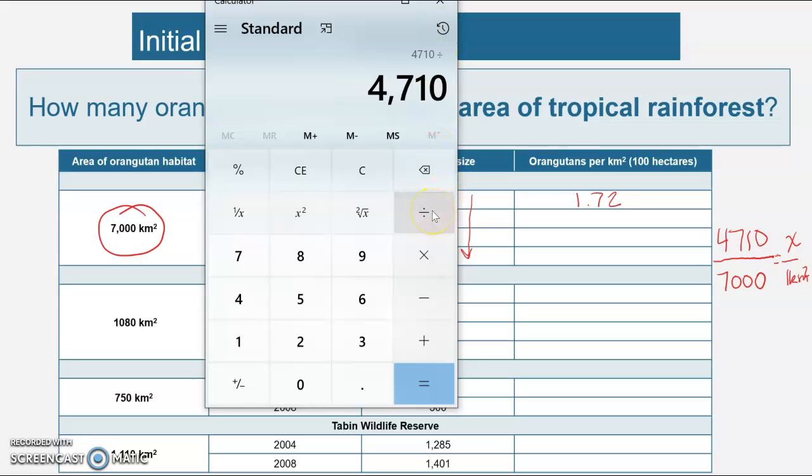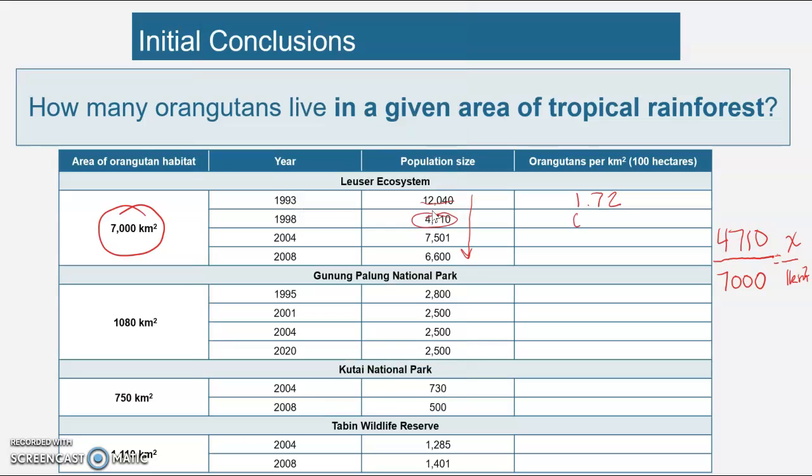Divided by, there we go, 700. So we're getting a less than 1 per square kilometer. So 0.67, less than 1. Interesting. I wonder why that happened. What? But didn't I have like a 1 3/4 of an orangutan before?